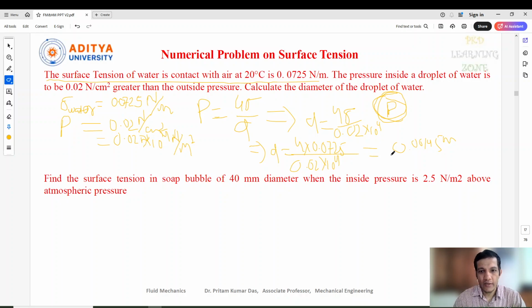That's the diameter of the droplet. You can see how small it is. We can also write it as 1.45 millimeter. It's very small.